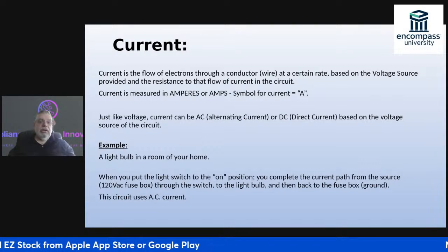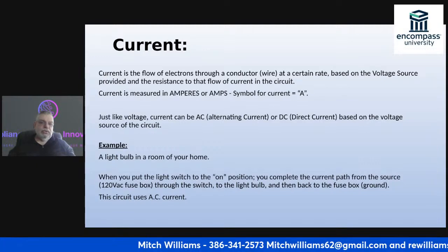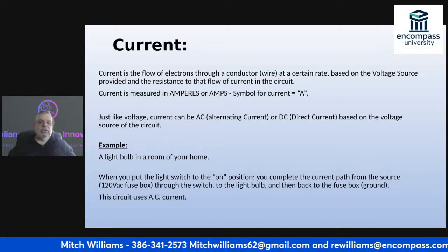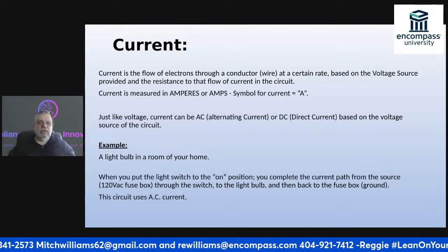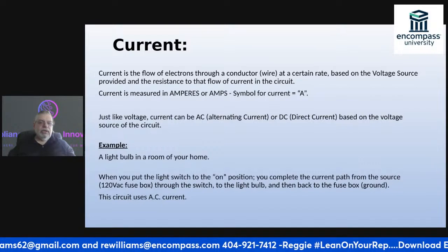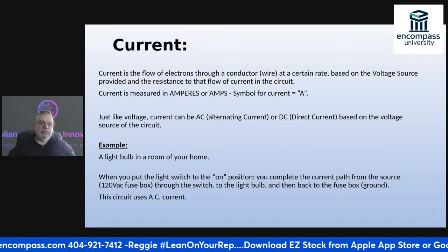Okay, current is the flow of electrons through a conductor, which is a wire, at a certain rate based on the voltage source provided and the resistance in the circuit. Current is measured in amperes, or amps.